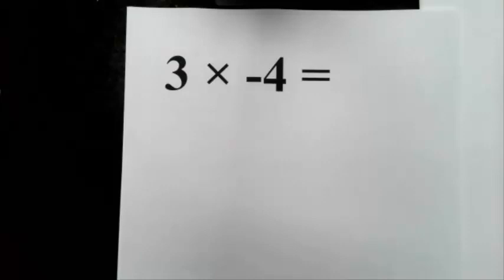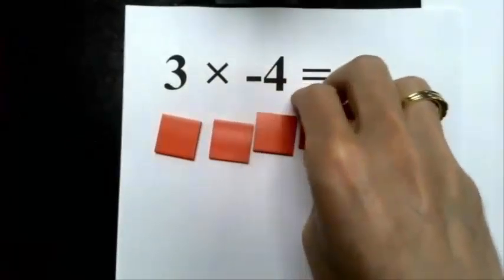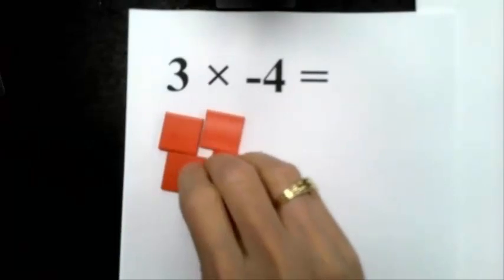For this next problem, I have 3 times negative 4. This means I need 3 groups, each containing 4 red tiles. So here's one group, 4 tiles. Let's arrange them like this.